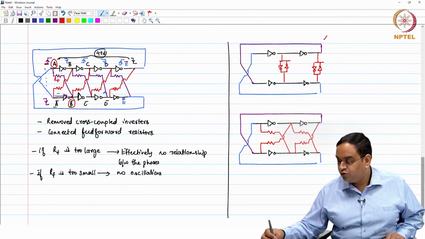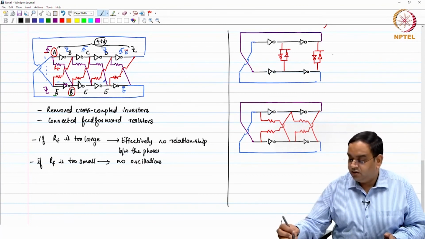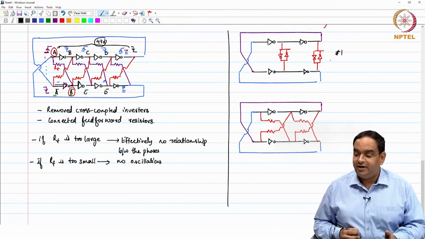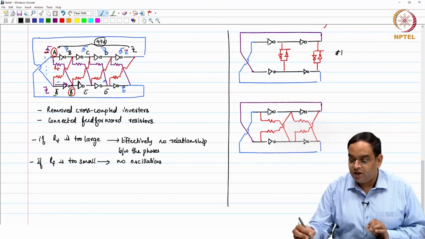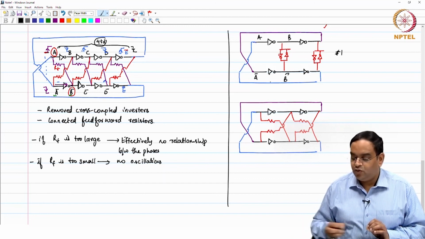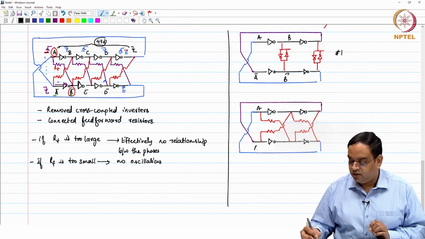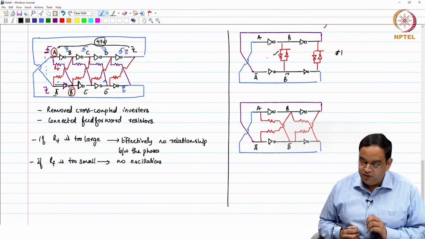So, out of these two options, what you will find is that this option 1 is something which you can realize, and it was going to oscillate because you have cross coupled inverters which maintain the phase relationship quite effectively as compared to your oscillator using resistors. Okay. Here also you can maintain, but it is not as good as when you use cross coupled inverters.